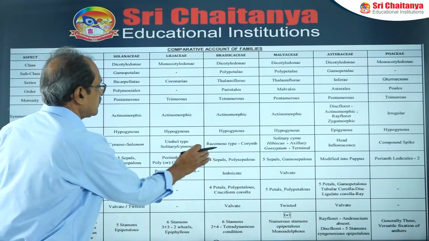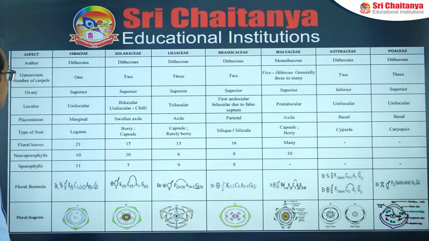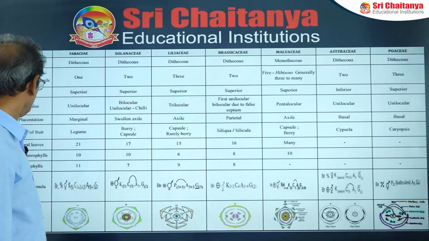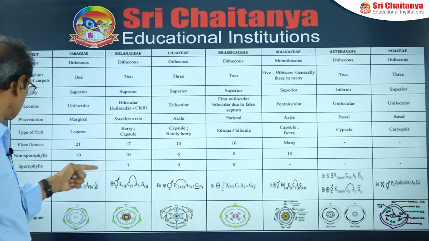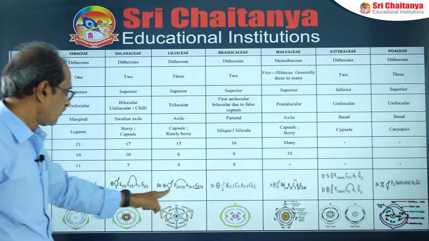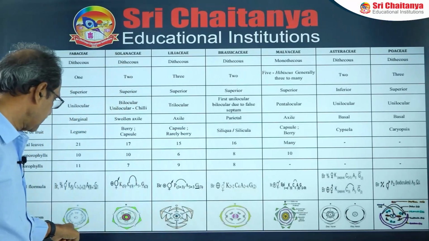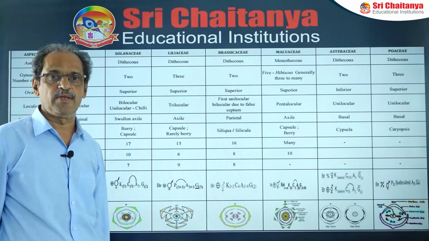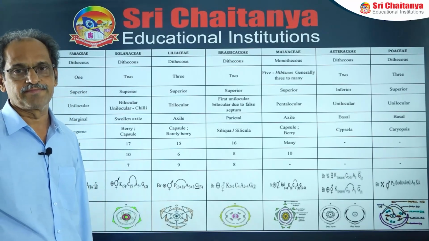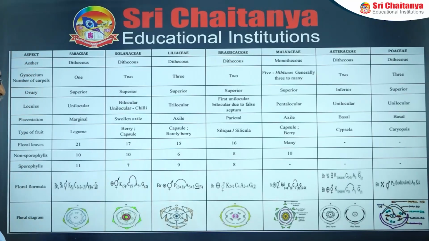So this is the remaining characters: anther, gynoecium, ovary, locules, placentation, type of fruit, floral leaves, non-sporophylls number, total floral leaves number, sporophylls, and floral formula of all the families comparatively, same floral diagram. So these 7 families you will study always comparatively. Make a note here. So there are 2 slides.